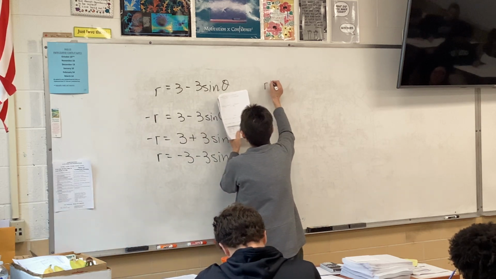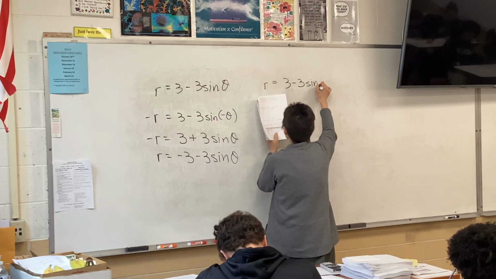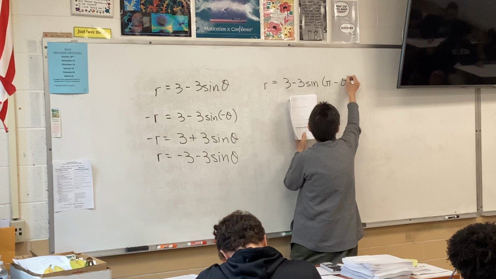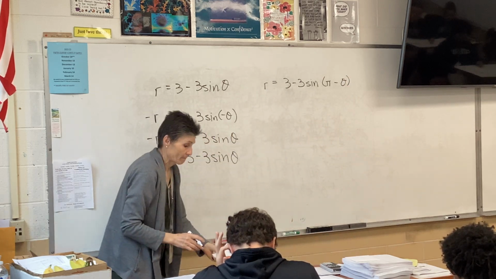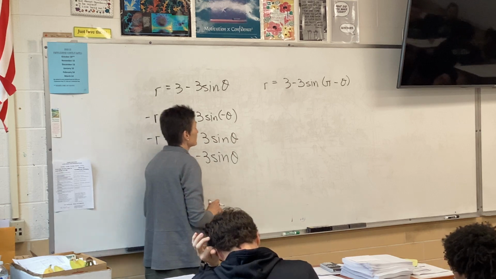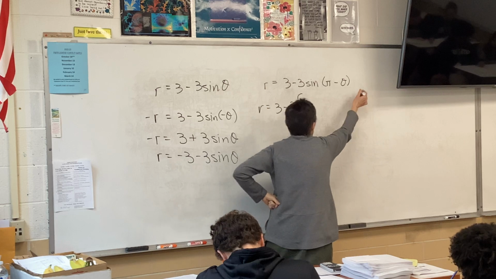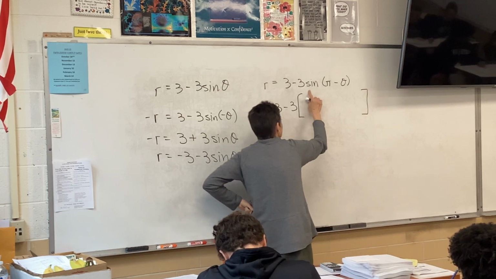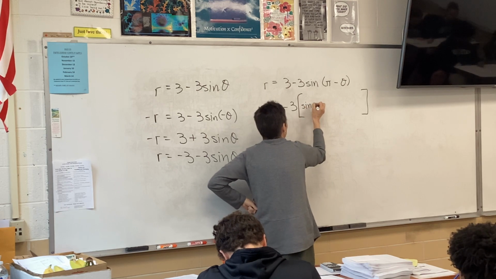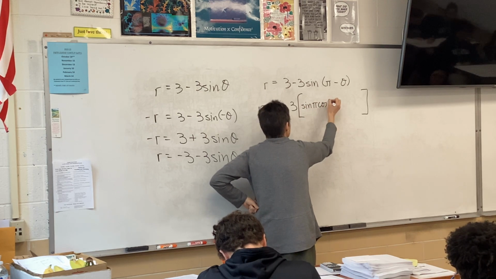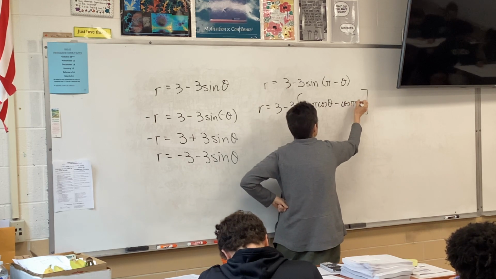So r equals 3 minus 3 sine of (pi minus theta). All right, so let's figure out all this stuff. What's the sine formula for a difference? Sine of the first, cosine of the second, minus cosine of the first, sine of the second.